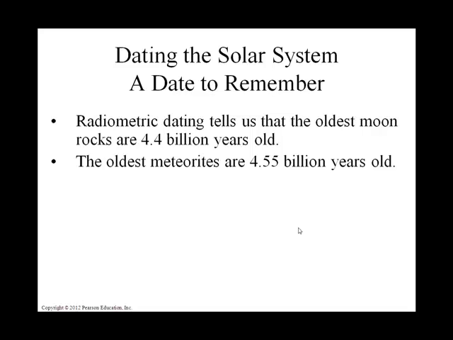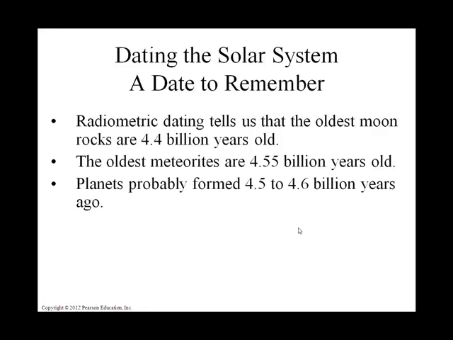The oldest meteorites are dated at 4.55 or 4.6 billion years old. And so what we now believe is that the planets were basically done with their accretion about 4.5 to 4.6 billion years ago.